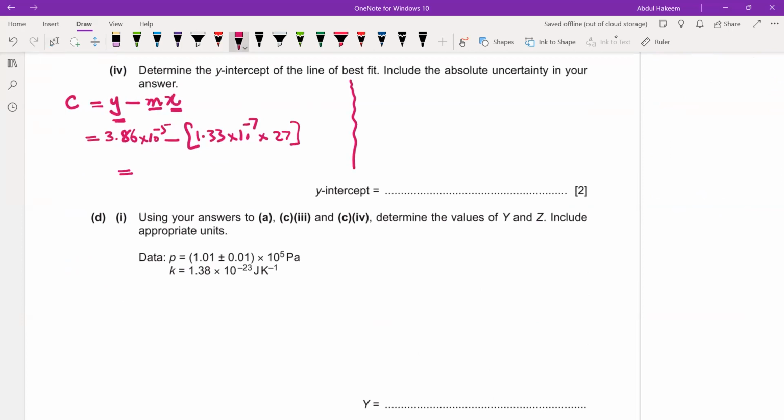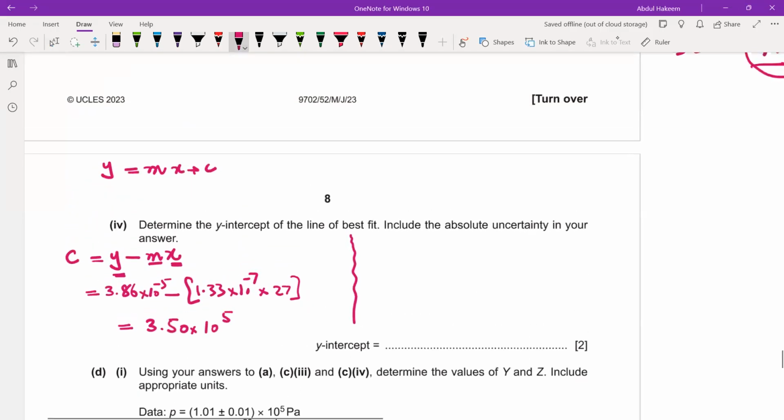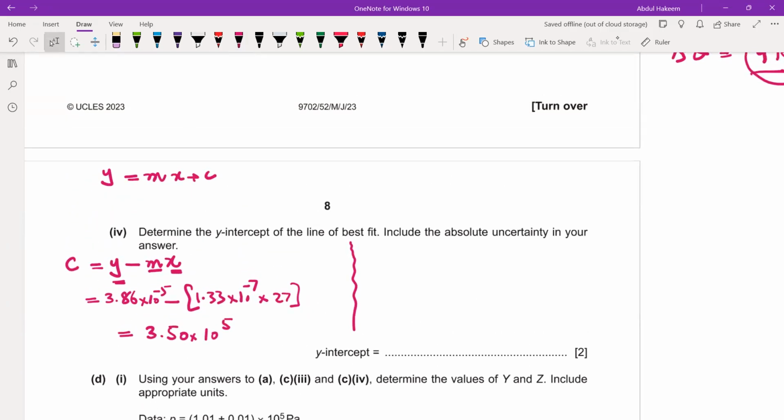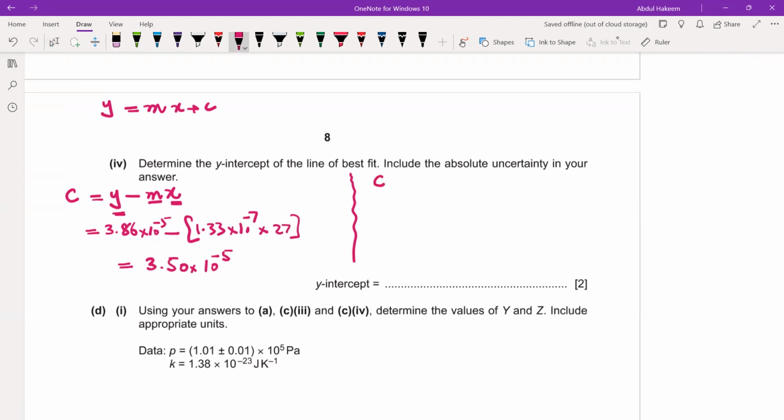We calculate this. The answer is coming 3.50 into 10 power minus 5. Then we have to calculate the y-intercept for the worst fit. It's y minus mx.